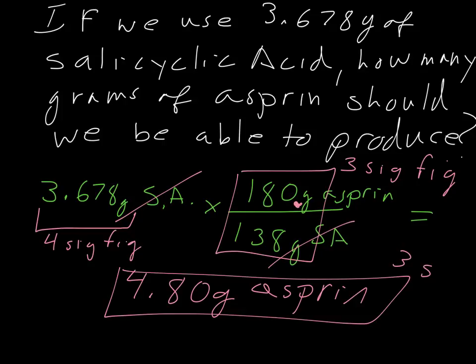That's the same thing that's going to happen to you when you perform the lab. So watch out. I just told you the sig figs, so I'm going to be tough grading for you here. So if we have 3.678 grams of salicylic acid, how many grams of aspirin should we be able to produce? 4.8 grams.